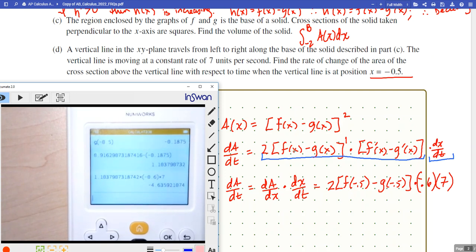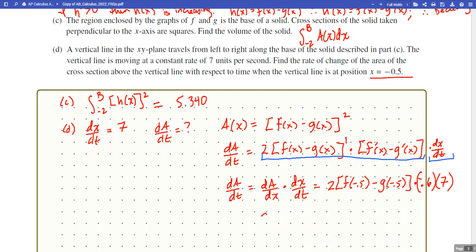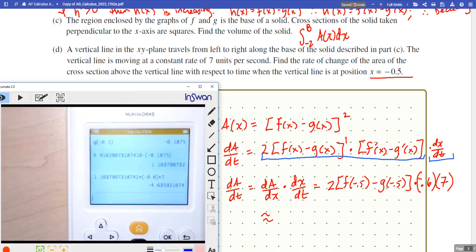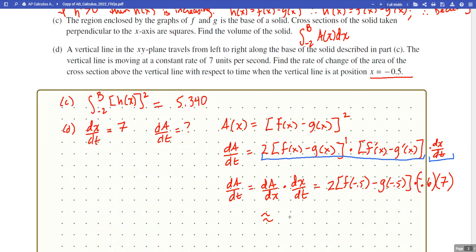And so that gives us approximately negative 4.6359. So we'll just truncate, and that's negative 4.635. And that would be in square units per second.